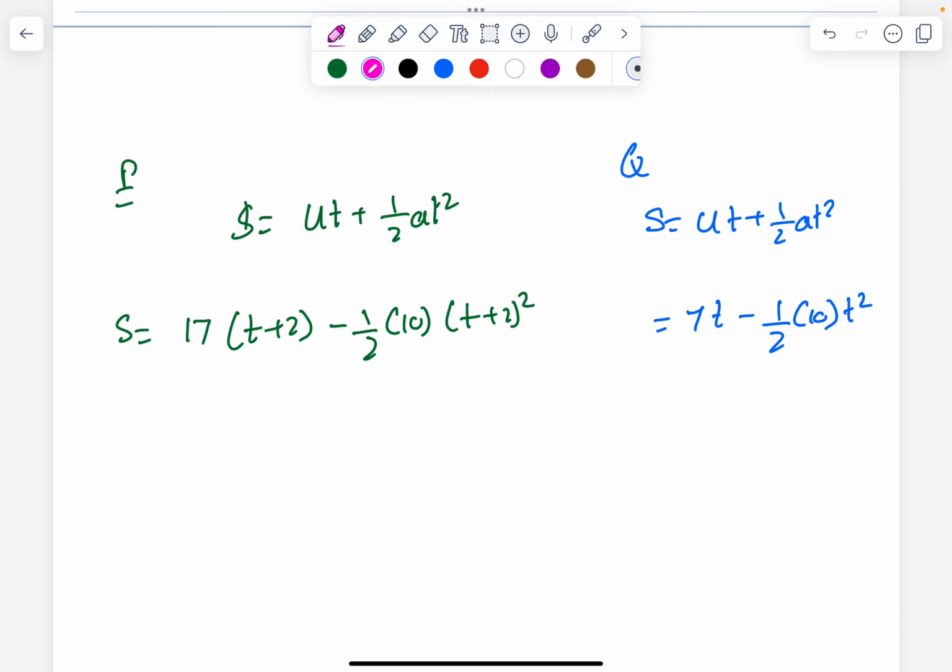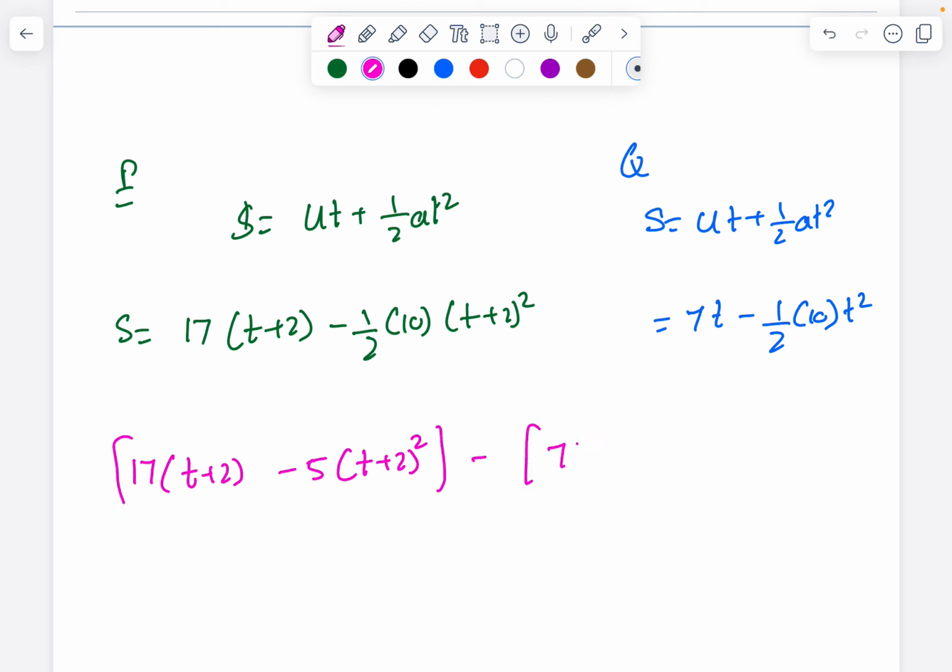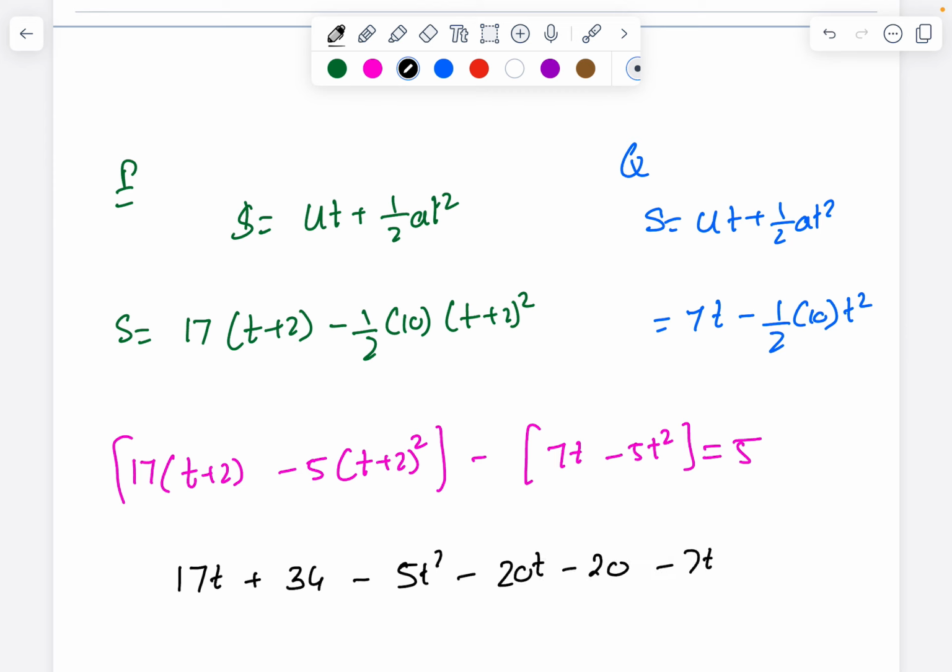So the difference between them is going to be 5 meters. So 17 times t plus 2 minus 5 times t plus 2 whole square, minus 7t minus 5t square, should equal 5. Now I am going to expand this, so it becomes 17t plus 34 minus 5t square minus 20t minus 20 minus 7t plus 5t square equals 5.